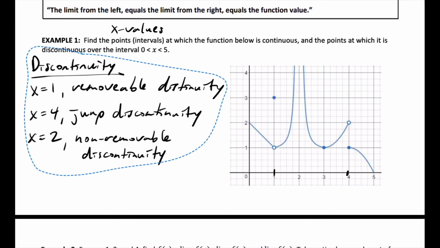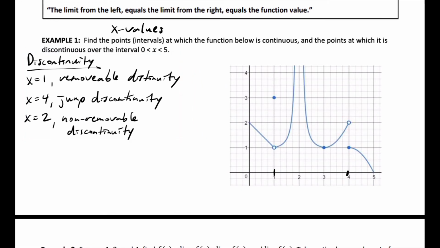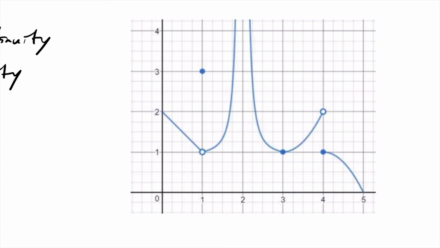This is where there's discontinuity. So now where is it going to be continuous? X equals 3, I agree. At x equals 3, there's continuity, right? How about at x equals 2.5? Is it continuous at x equals 2.5?